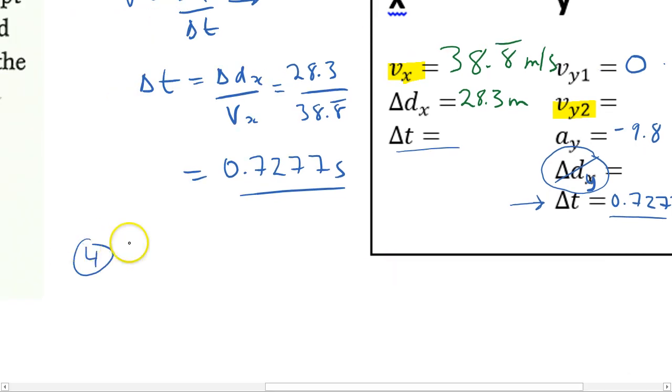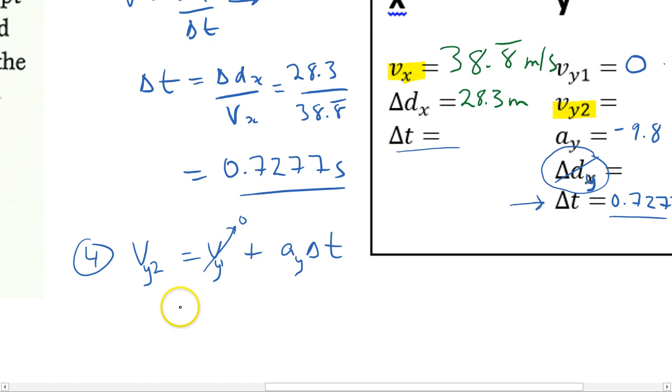4, which is V2 is equal to V1 plus A delta T. Now, since I'm talking about the y direction, it's going to be Vy2 equals Vy1 plus Ay delta T. Vy1 is equal to 0, so this is going to disappear right away.